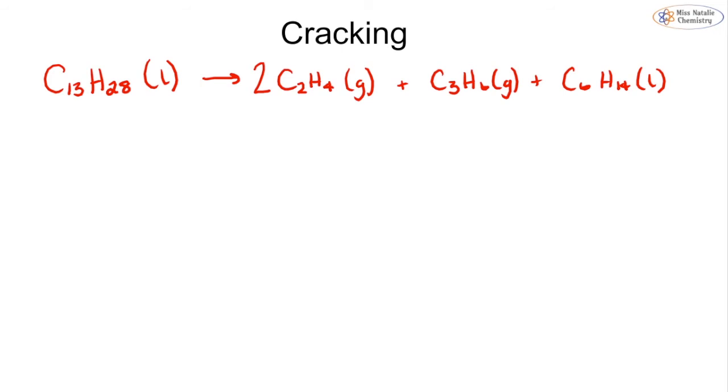What you'll notice is that the number of carbons and hydrogens is the same. So if I have 13 carbons on the left, I must have 13 carbons on the right, 28 hydrogens on the left, 28 hydrogens on the right. And I'm making an alkene, an alkene, and an alkane. So you can see that we've got this mixture. But we don't necessarily know that's how this is going to break down.